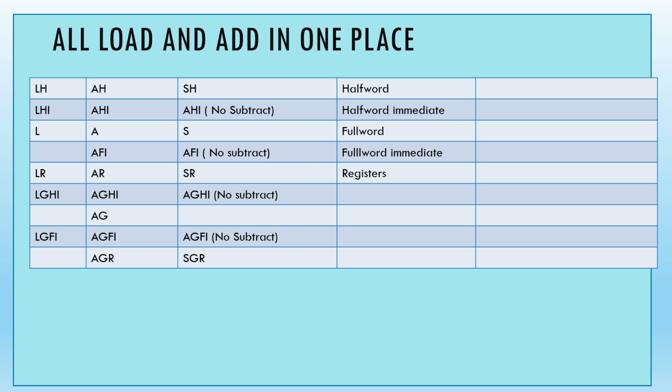Now, the same commands existed in System 360 and S370, which we saw. Then after 2000, G came. When we came to 64-bit, if you want to use the 64-bit, then you have to use LGHI, AGHI, just like LHI, AHI. When you say halfword, the operation is still happening in the last 2 bytes, but the entire 64-bit register is considered for the operation.